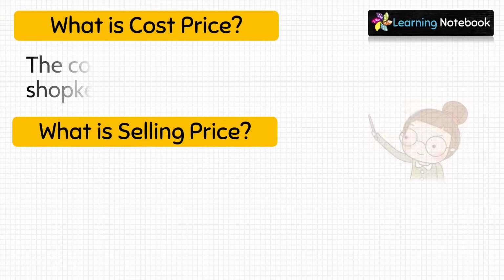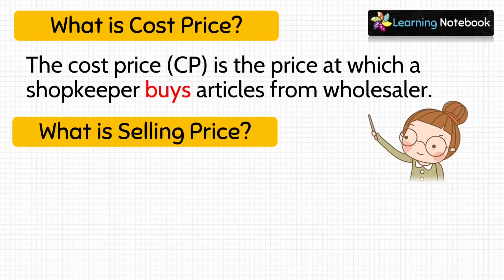So students, what is cost price? Cost price or CP is the price at which a shopkeeper buys articles from a wholesaler. So here do note that a shopkeeper is buying articles.